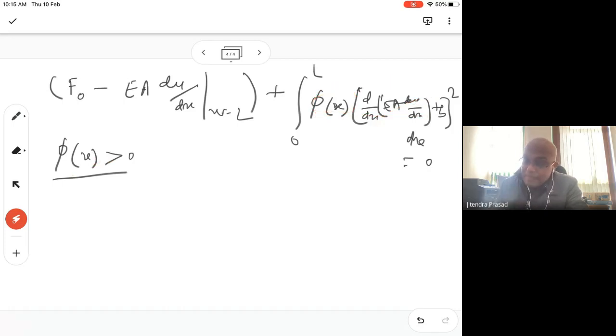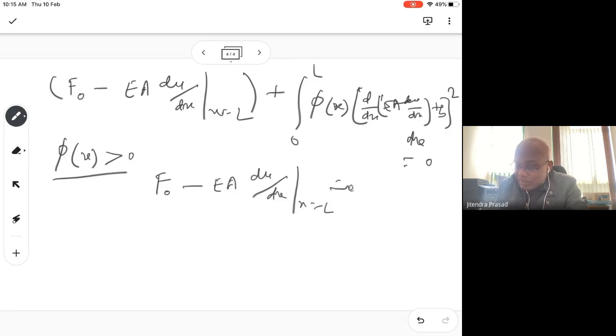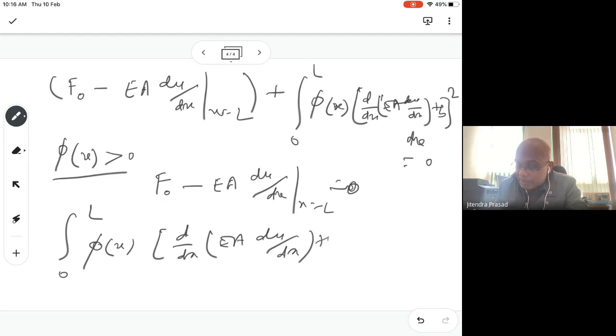Okay, so that means we can have at least one possibility in which we have F naught minus EA du over dx at x equal to L equal to 0, and integral 0 to L of phi x d over dx EA du over dx plus b, square dx equal to 0.